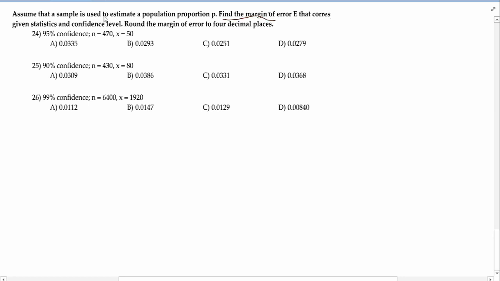So remember that we estimate the proportion of a population by calculating the proportion in the sample minus the error, and the proportion in the sample plus the margin of error.